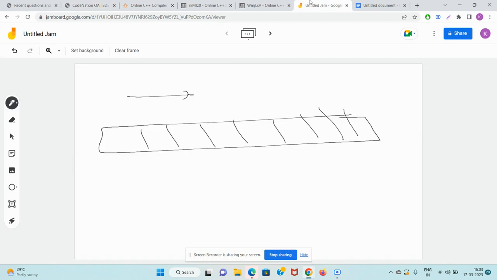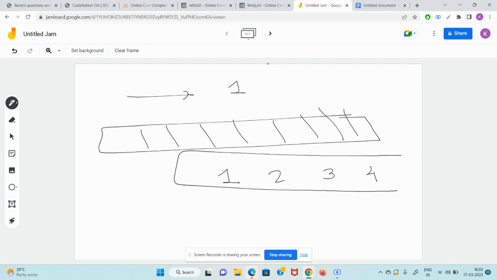So for example, let's assume we are given an array like this: 1, 2, 3, 4.